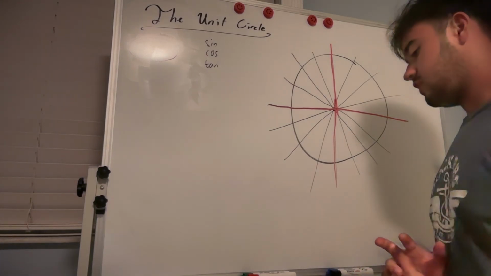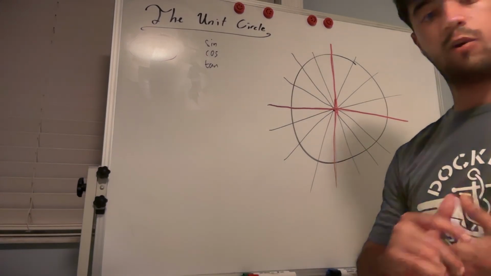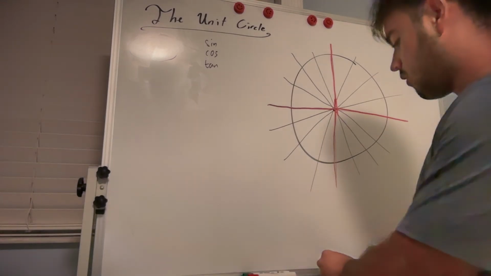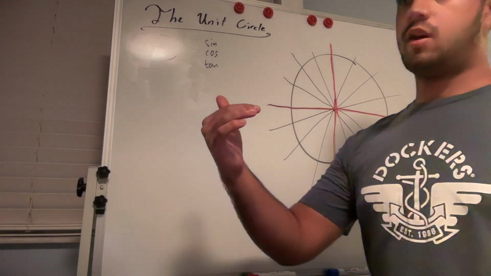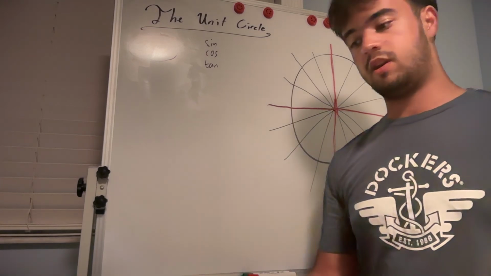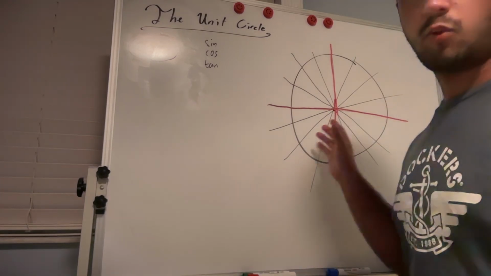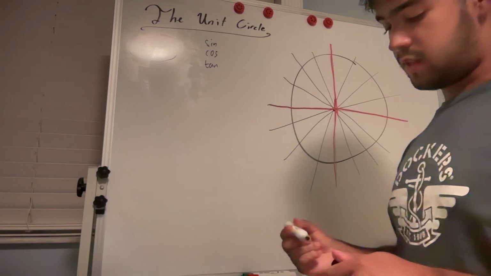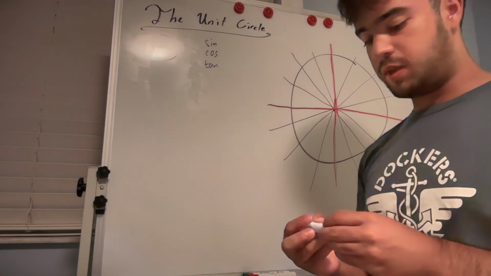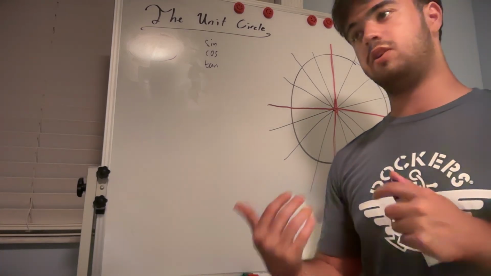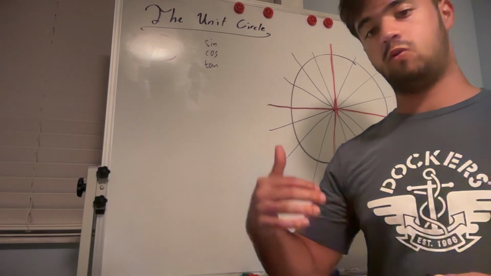So the first thing that we have to go over is the conversion from degrees to radians. The unit circle uses radians more than degrees, and the reason for it is because radians give a more accurate measure as to what angle we have.